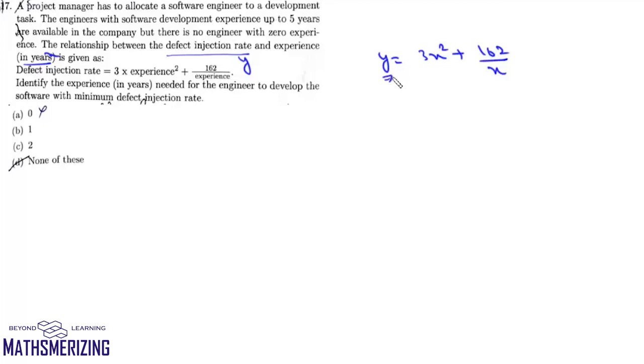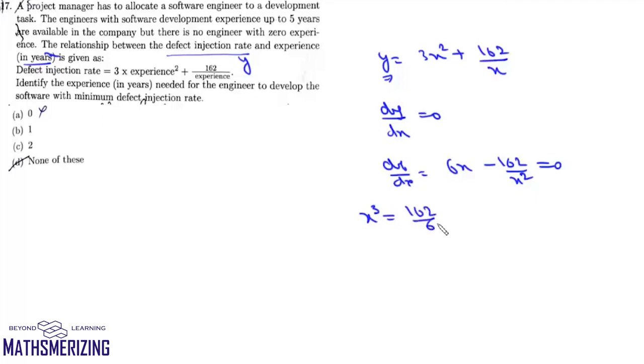So this defect injection rate has to be minimum. So dy by dx must be 0. Now we'll differentiate. We'll write dy by dx as 6x minus 162 upon x square. It should be 0. We'll get x cube equals 162 by 6.